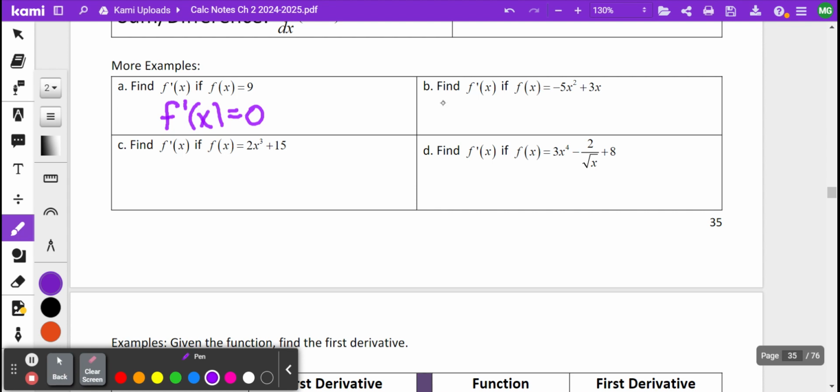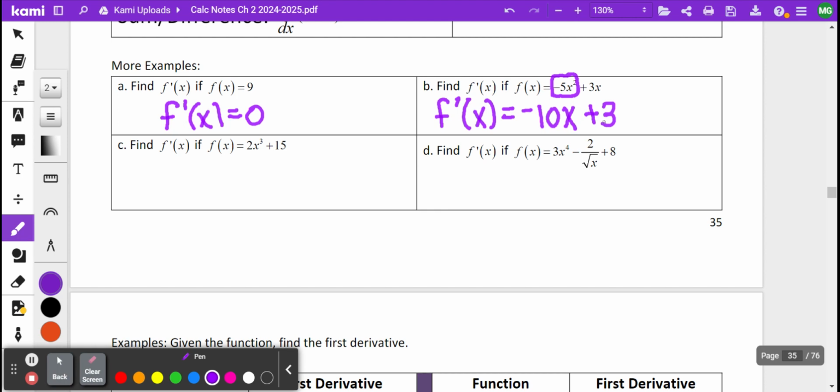For letter B, we have the derivative of two terms being added together. So you're simply going to take the derivative of the first term. 2 times negative 5 is negative 10 x to the first. And then the derivative of 3x is just 3. And remember, x to the 0 is just 1, so we don't write that.